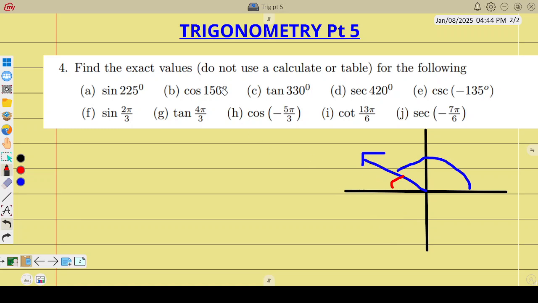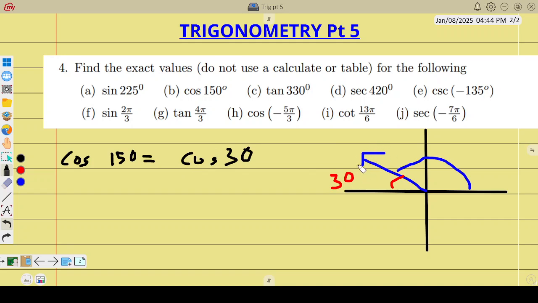The helping angle here is 180 minus 150, so that we get that angle there. 180 minus 150 is 30. So cos 150 is the same as cos 30, but we have to look at the sign.